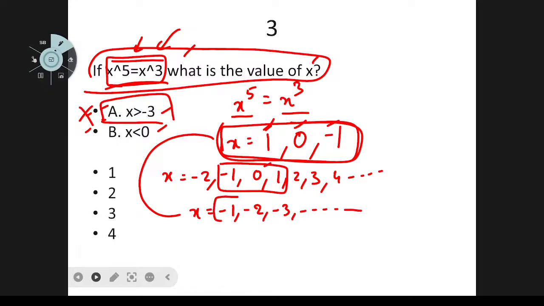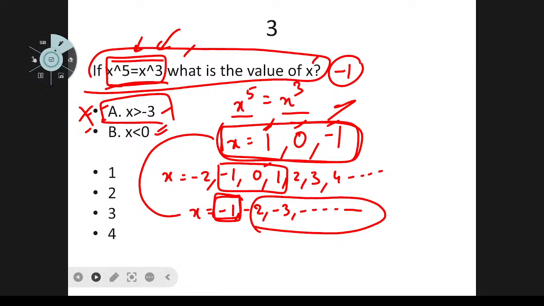The only value which is possible is -1, because the others are not possibilities. So the only thing which is matching is -1, and the value of x is -1. And how do I know it? By using the second statement, I understand that it is -1. All right.